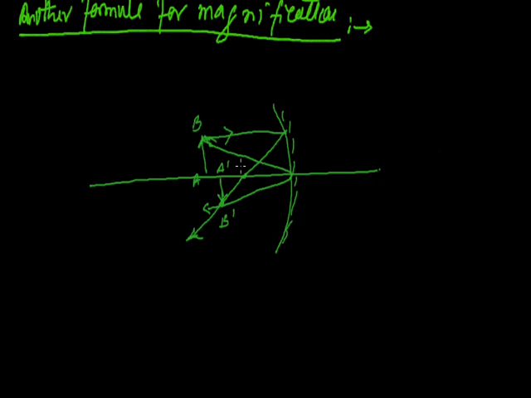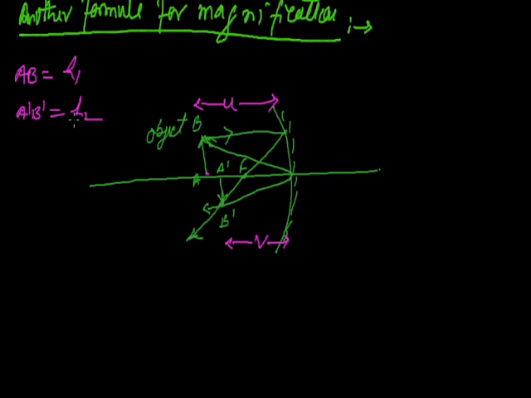This point is F. Object is AB and the image of this object is formed at A dash and B dash. This distance will be U and the distance of the image from the mirror will be V. Height of object AB, that's H1, and height of image A dash B dash will be H2.